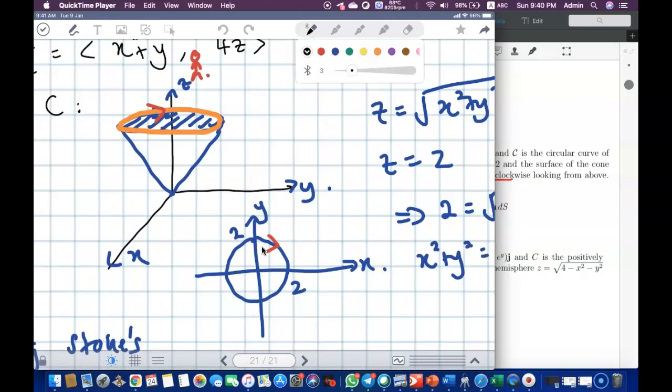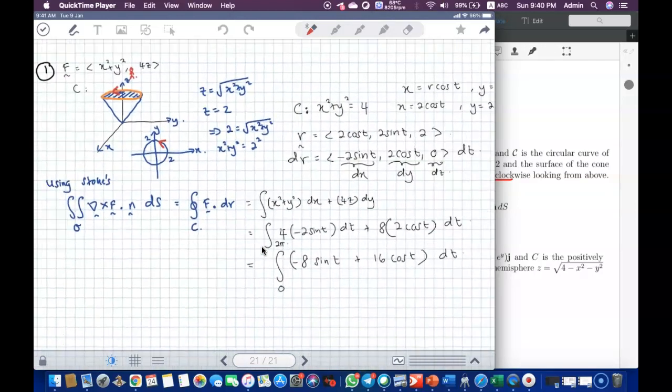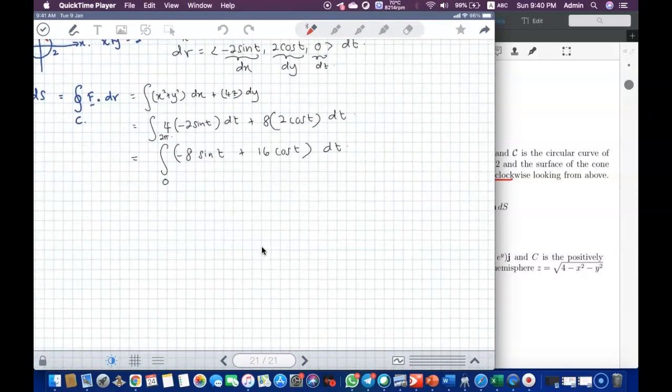So anti-clockwise should be that way. And this one should be that way. Okay, so if it is anti-clockwise, your t is from 0 to 2 pi. Otherwise you have to change. Okay, sorry about that.